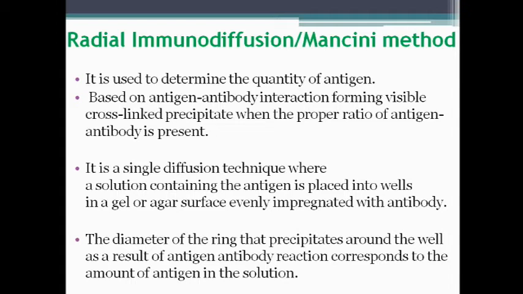It is a single diffusion technique where a solution that contains antibodies is used, and here we can determine the quantity of antigen. The diameter of the ring that forms around the well as a result of antigen-antibody interaction corresponds to the amount of the antigen in the solution.